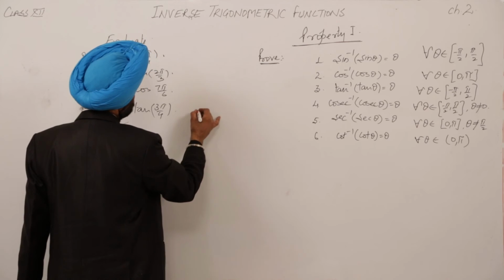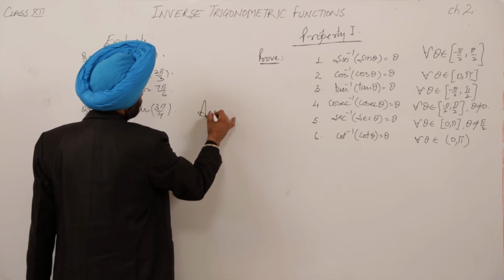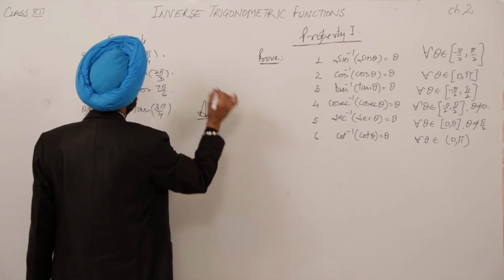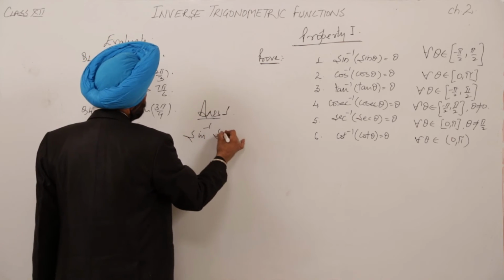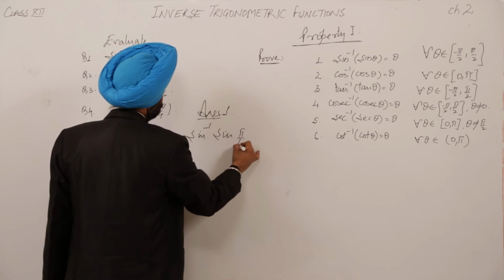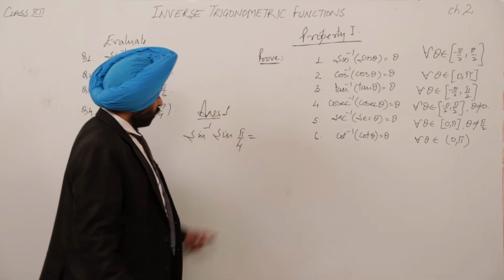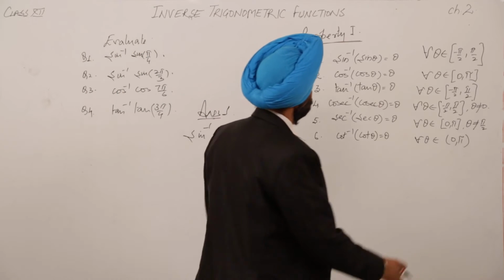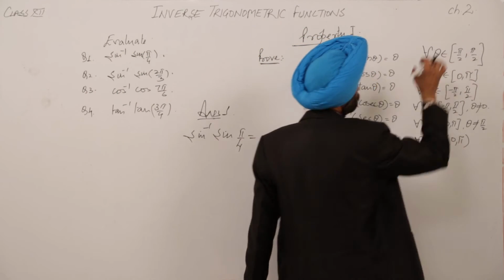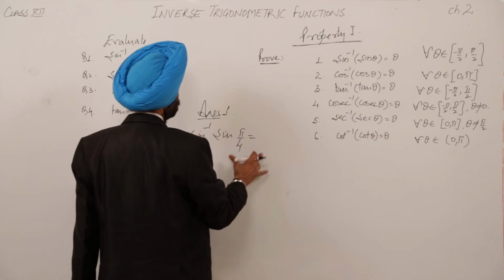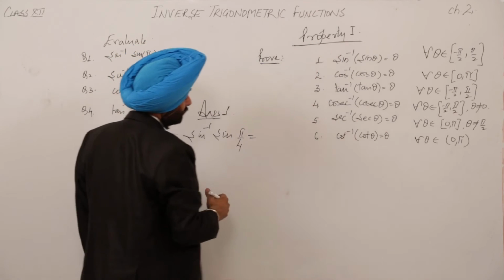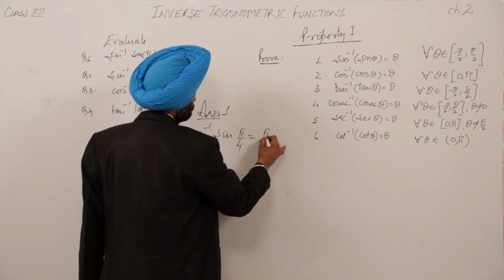Answer for question number 1: sine inverse sine pi by 4 is equal to, now where does pi by 4 fall? Pi by 4 falls between minus pi by 2 and pi by 2. So according to our first property, sine inverse sine theta is equal to theta, our answer is pi by 4.